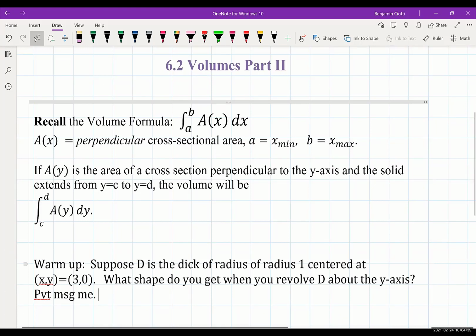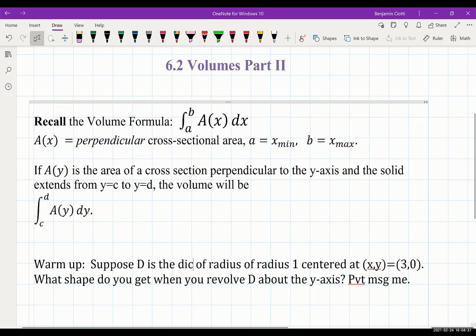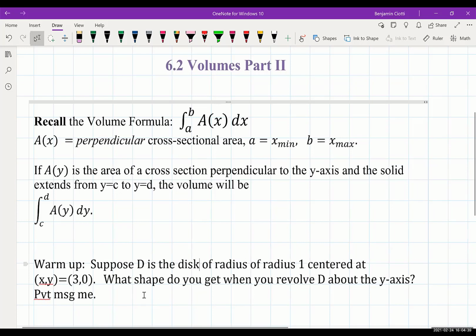Oh, that's not disk, sorry. The disk of radius 1 centered at xy equals 3, 0. So what shape do you get when you revolve it about the y-axis? This is a 3D shape.